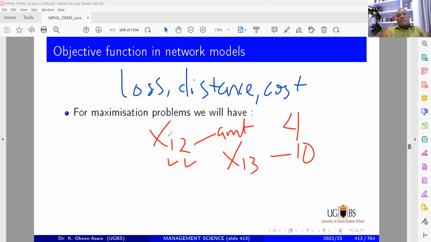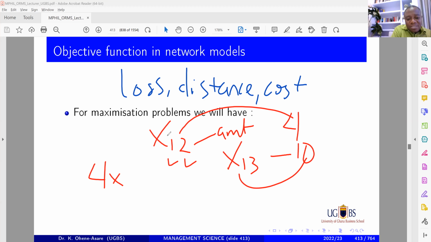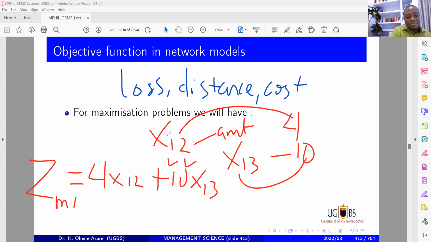But you want to put all of the cost and the distance together and minimize all of them at the same time. And so you will have to multiply the 4 by the x12 and then the 10 by the x13, so that you will have something like 4x12 plus 10x13, and then do for all the others. This will be your z function, which you have to what? Minimize.